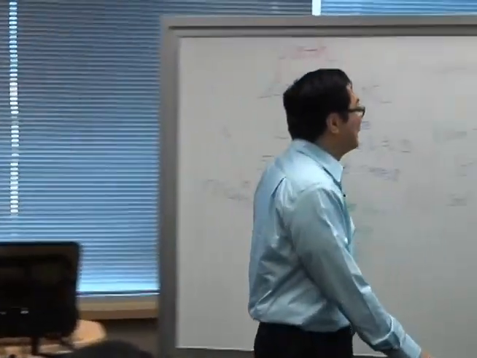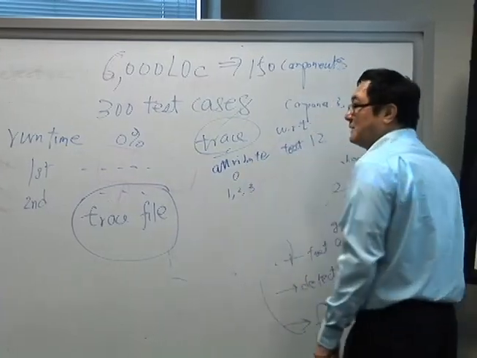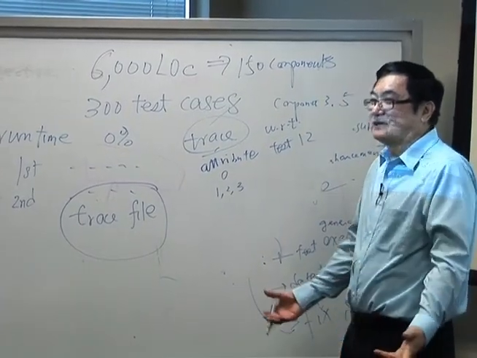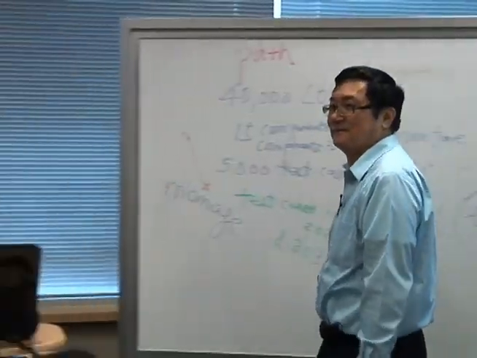The data for each test run, you have to save it. If you don't, when I say I want the coverage with respect to a particular execution, how can you retrieve it? Let's start from the easiest way.